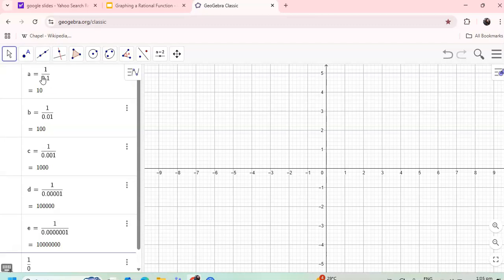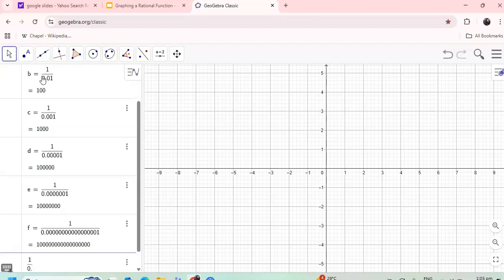So just imagine if we have a very small number for the denominator, in such a way that it approaches 0, we have a very big number. So there is indeed a blow-up behavior, right?